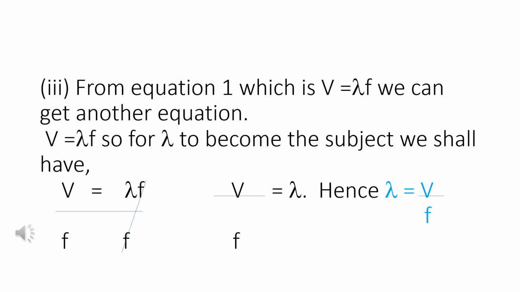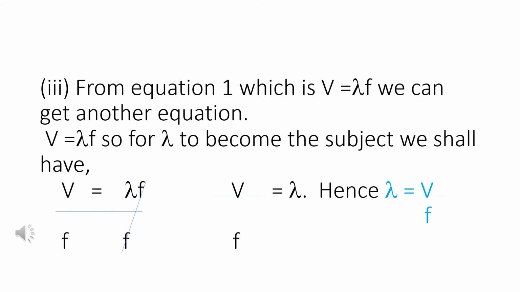For wavelength to become the subject, we have V equals wavelength times f, then we divide by f on the right and f on the left.